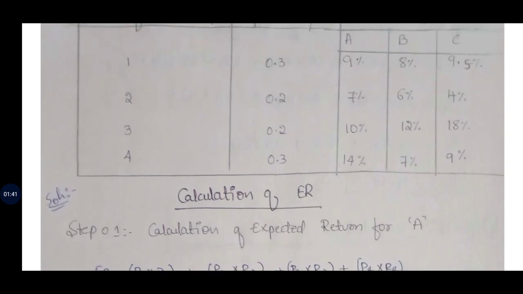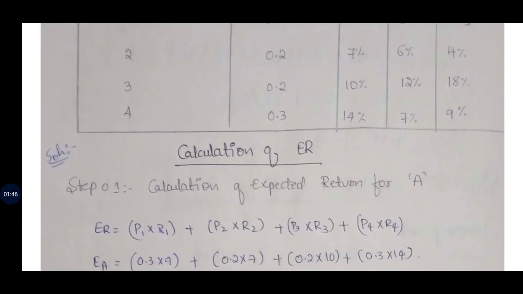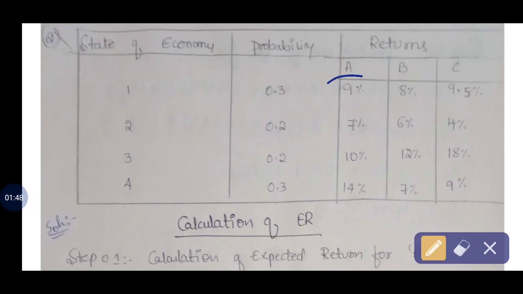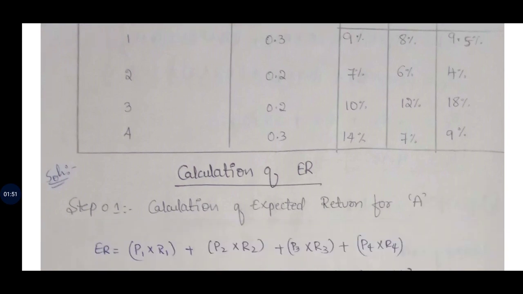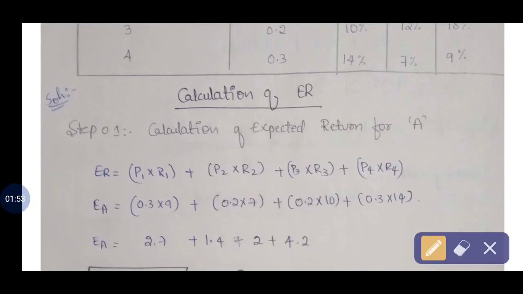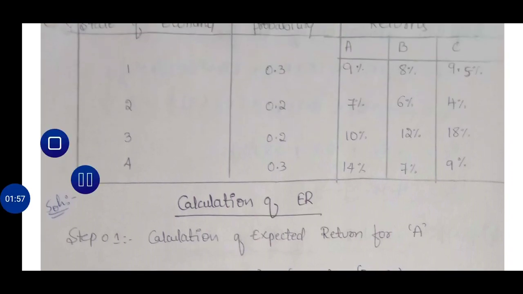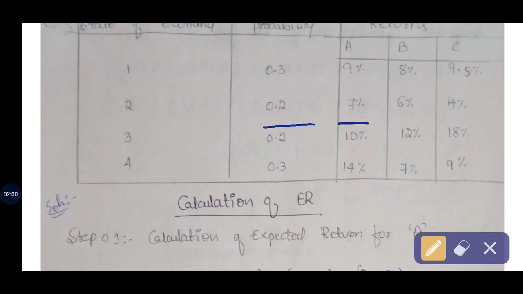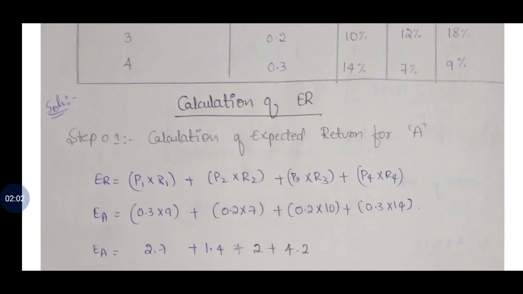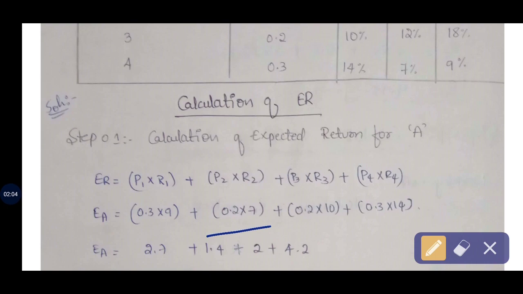So here P1 is 0.3 and R1 is 9. So 0.3 into 9 plus P2 is 0.2 and R2 is 7, so 0.2 into 7, plus P3 is 0.2 and R3 is 10, so 0.2 into 10.